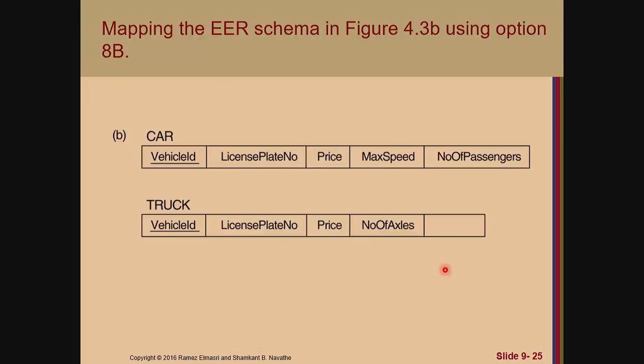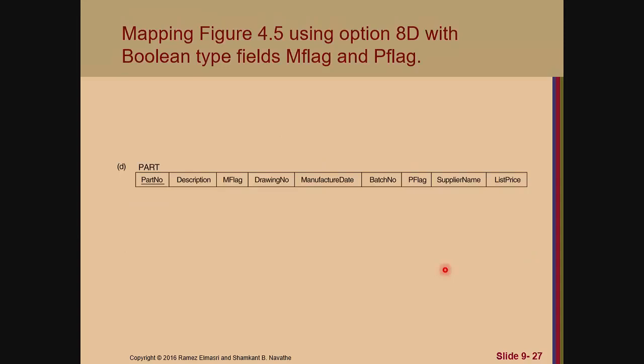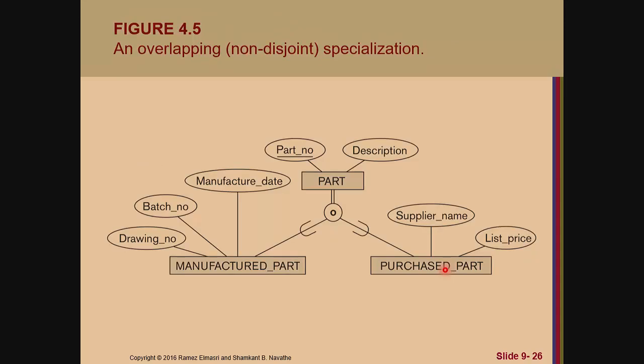D, where's the D? Here. Okay. Now, as you can see, the part is the superclass, and here is the overlapping. The part can be the manufacture part.